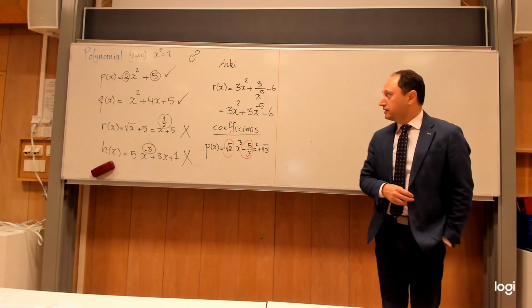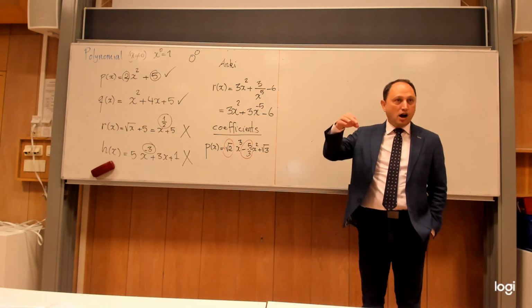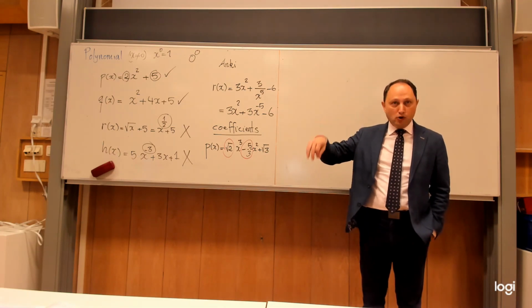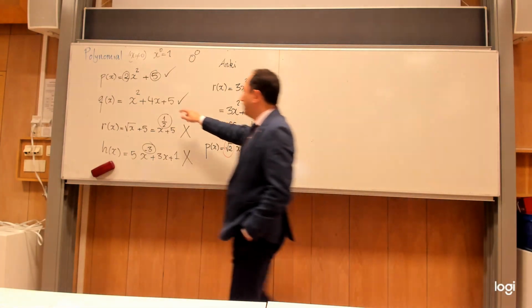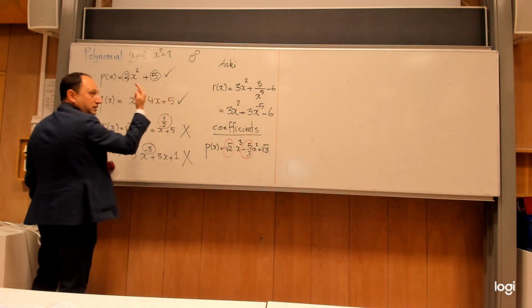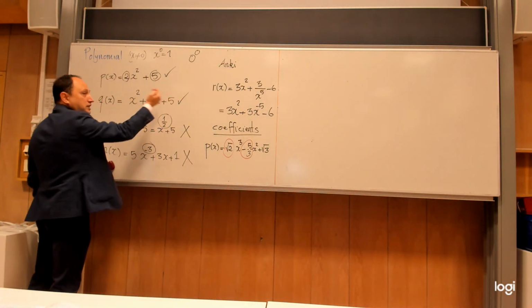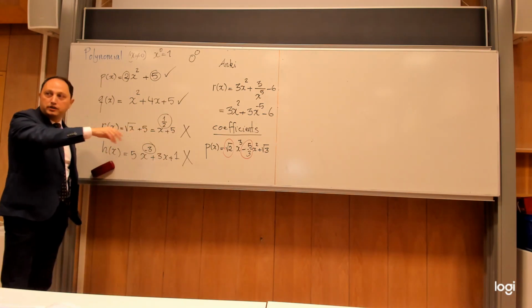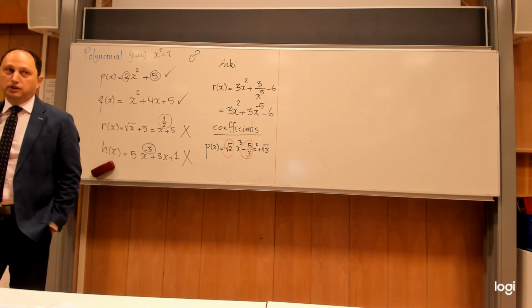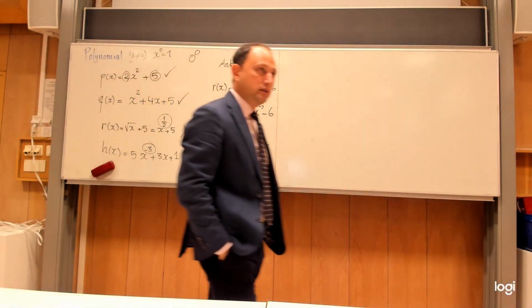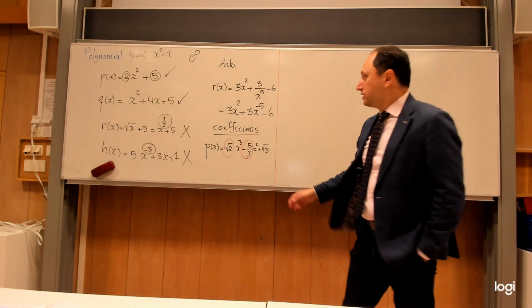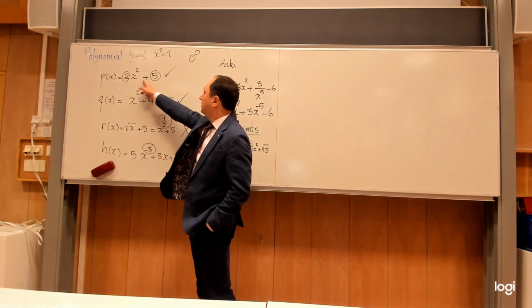How did you find that it is 2? It is the highest exponent appearing for the x. That is called the degree. So here, what is the exponent? It is not written, it is 1. This is 2, and this is here 0. So what's the highest one? 2. So that's called the degree, as simple as that. But you need to know the terminology. So the degree of this polynomial is 2. What is the degree of this polynomial? 2.